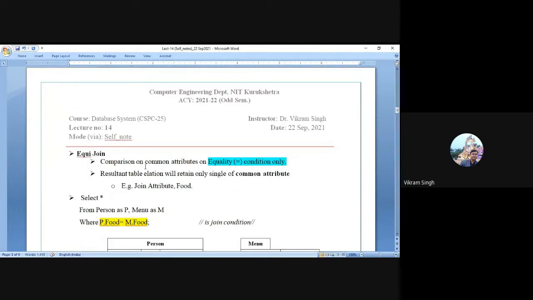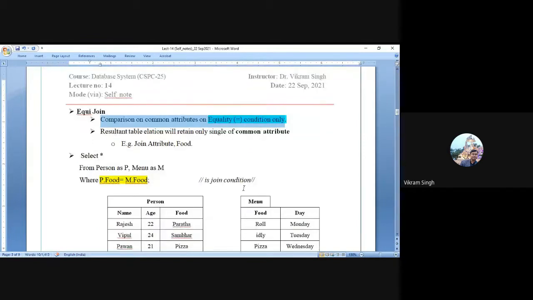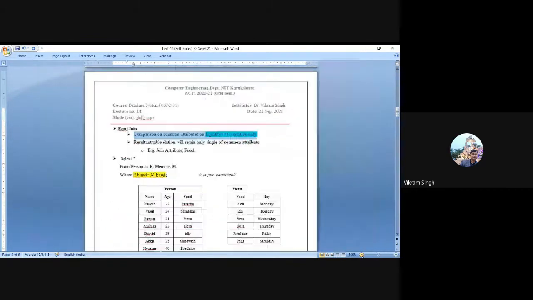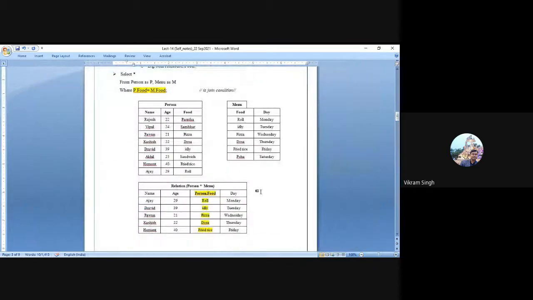Equi-join is something you can say is an extension of natural join. Extension of natural join means the comparison between the common attributes of the participating relations will be on the equality condition. That is one thing. And second, we will not have the second instance of the database attribute.